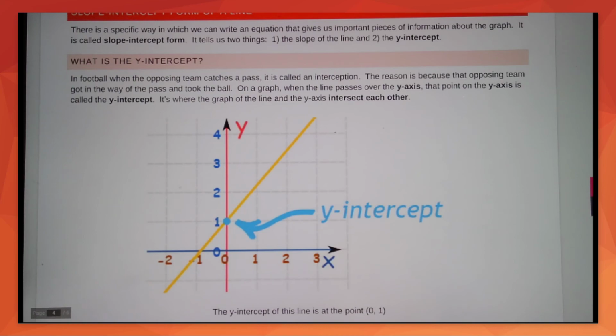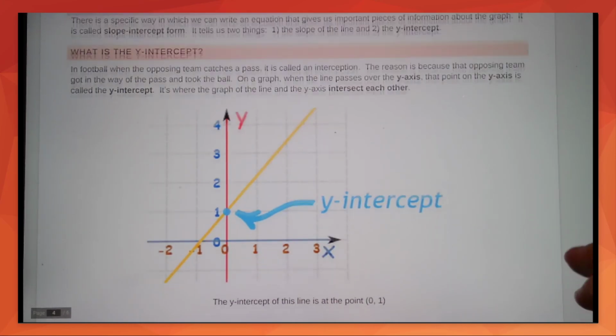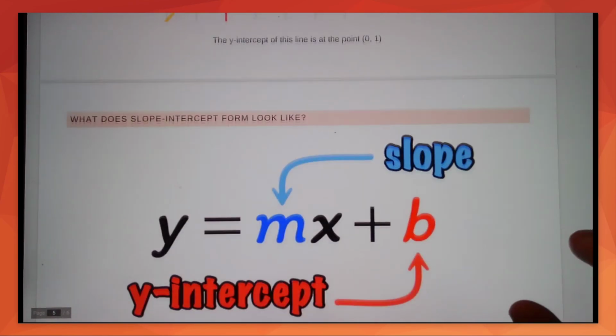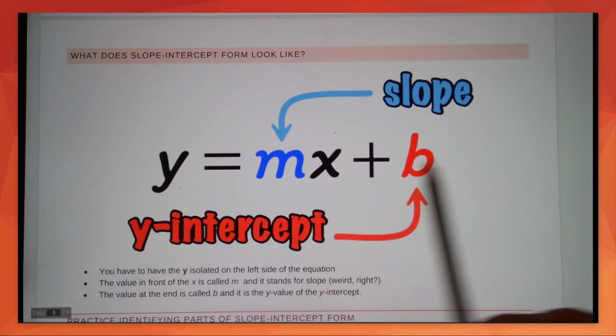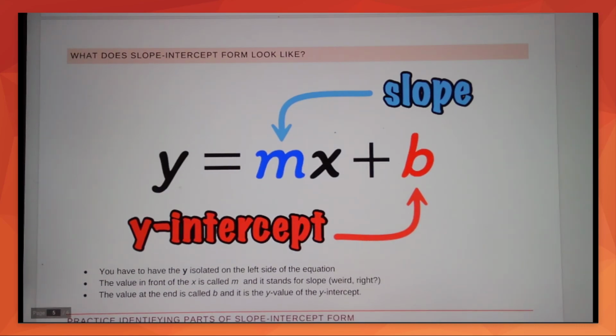The equation of a line that is in slope-intercept form has a very specific terminology that we use, or formula. The model looks like this. It is y = mx + b. You might have heard this terminology before. What this means is that the value of y equals the slope times the x value plus the y-intercept.